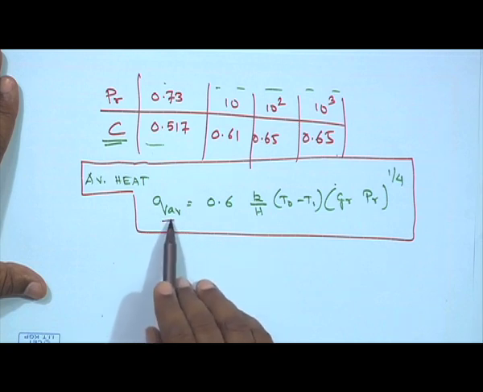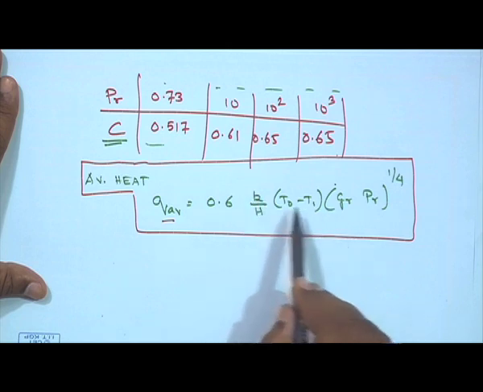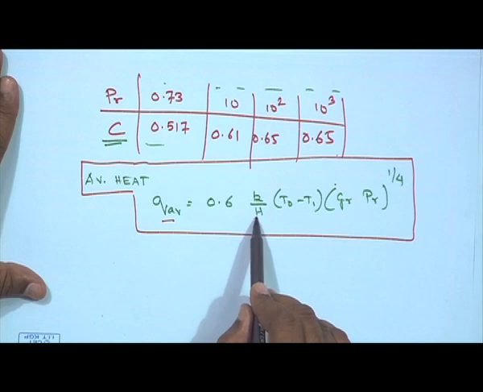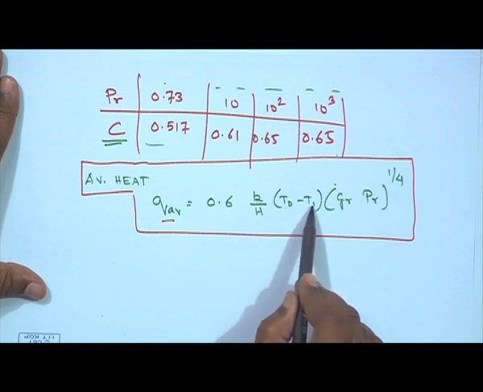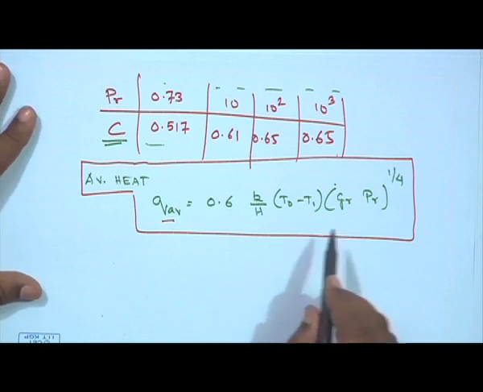So what we have obtained over here is a formula for the average heat lost by the solid surface as a function of K, Grashof number and Prandtl number, which are all combinations of thermophysical properties. H is the geometry and T0 minus T1 is the imposed temperature difference.